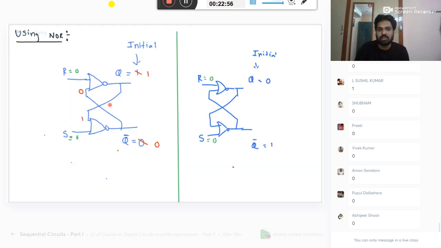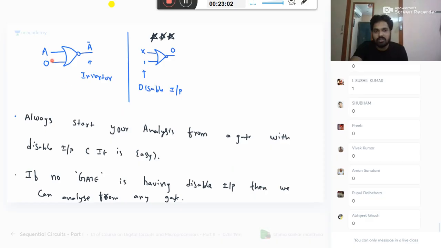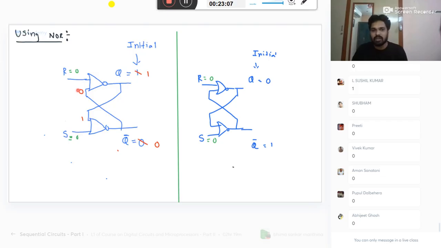When S is 0 and R is 0, when one of the input to the NOR gate is 0, it will work like an inverter. So if this 0 comes here, 0's inverse is 1. 1 will come here, 1 inversion is 0 will come here. Earlier it was 1, 0, now also it is 1, 0.